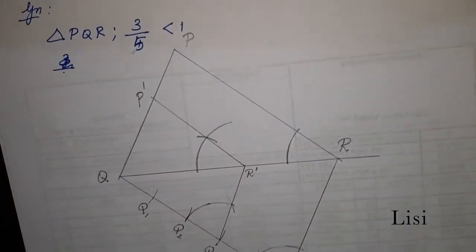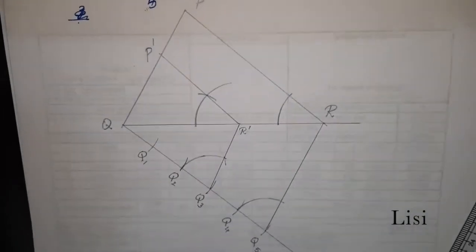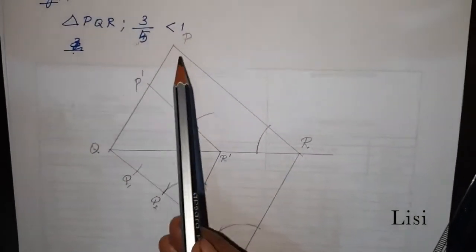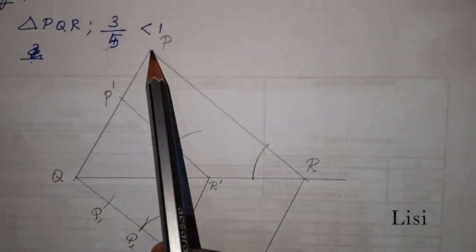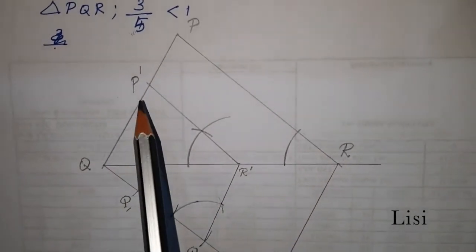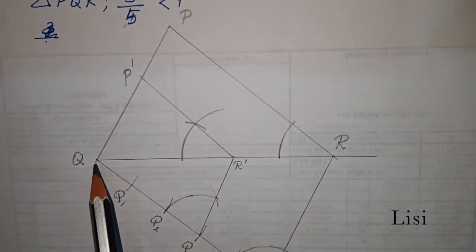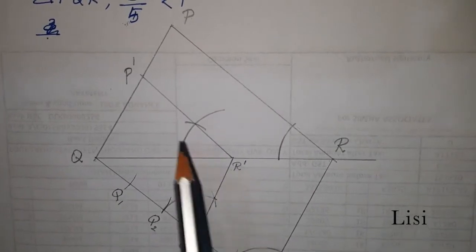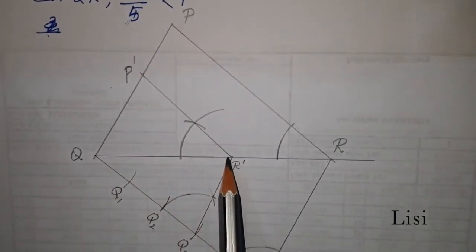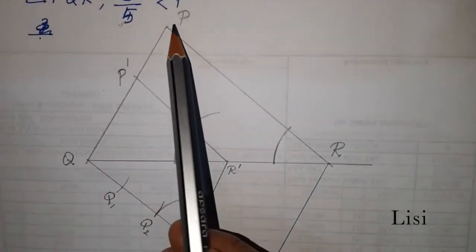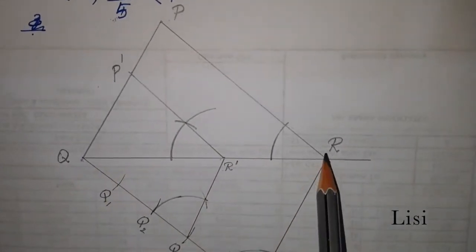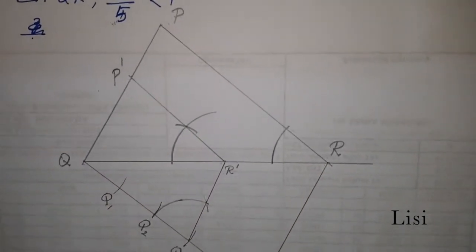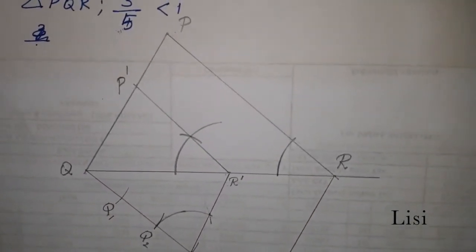Okay, that's all done. Are you clear? And now you see this triangle PQR. This is PQR, and the other one is P dash, Q and R dash. This P dash, Q, R dash is similar to the triangle PQR. Are you clear with me? Shall we pass to the next example?